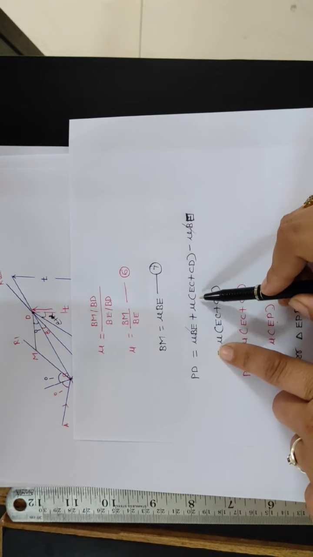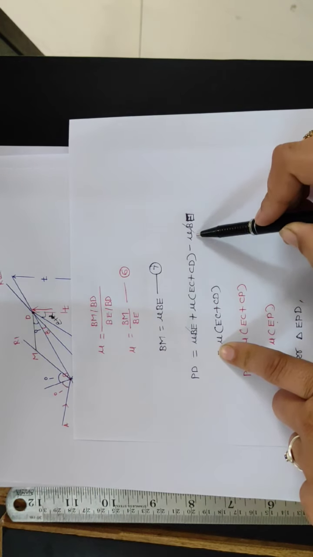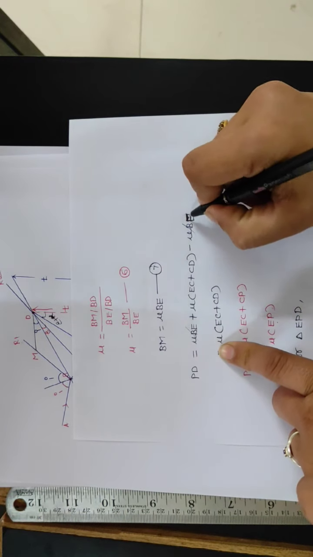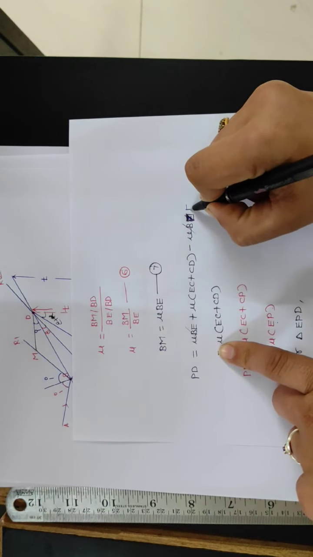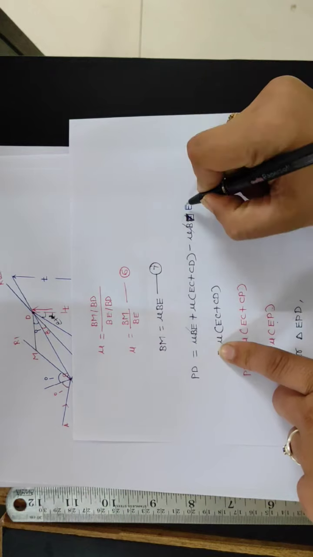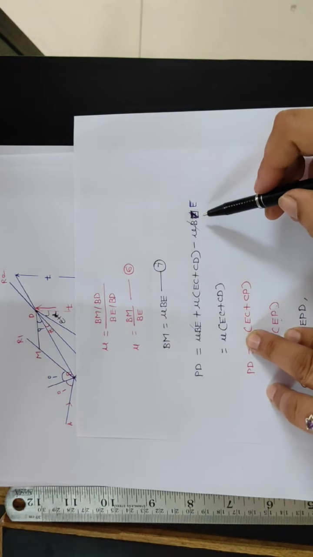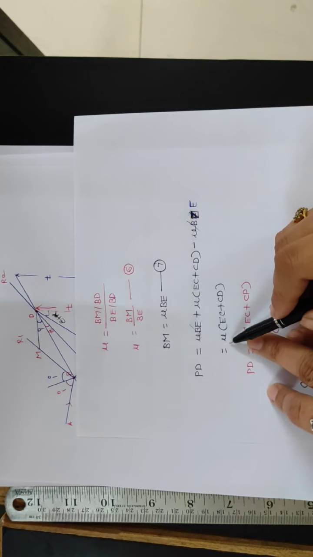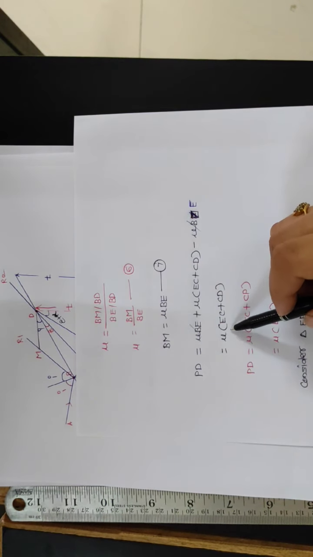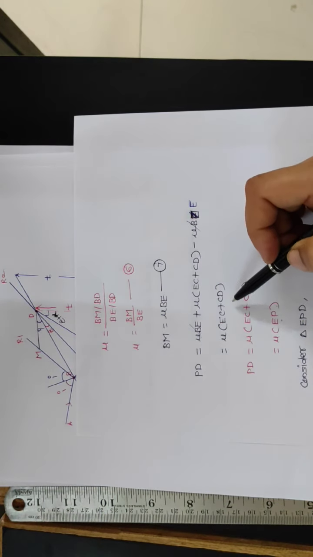What we get? Mu into BE plus mu into EC plus CD minus mu into BE. Now here mu BE will get cancelled. The remaining term I have written here: path difference is equal to mu into (EC plus CD).